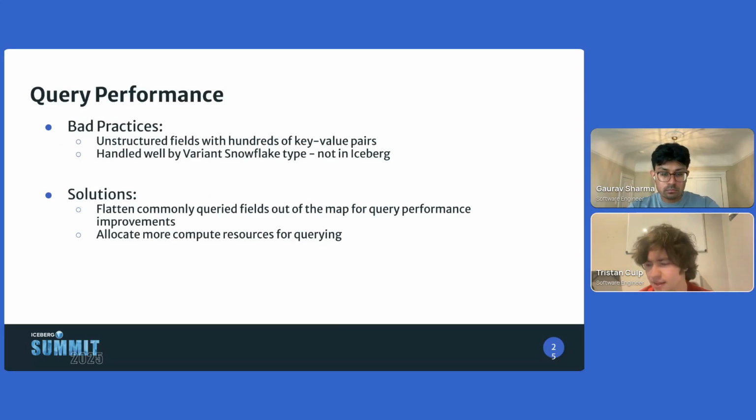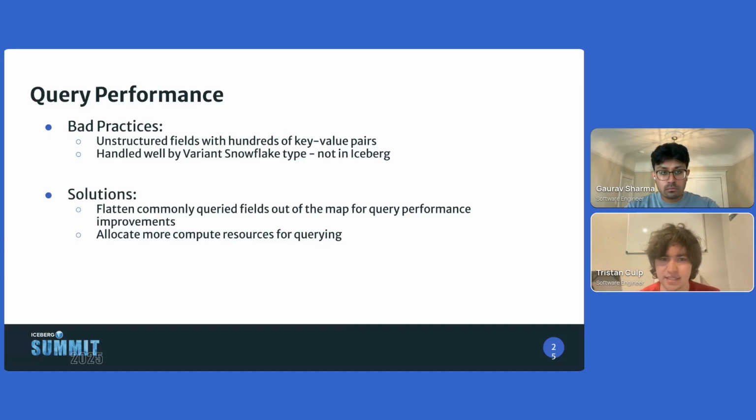So we found that this is pretty much a bad practice. Rather than having several columns for the data that you want to query, you put it all into one big field and then try to query that. This was not an issue before because Snowflake had this variant data type, and this variant data type handled it pretty well.